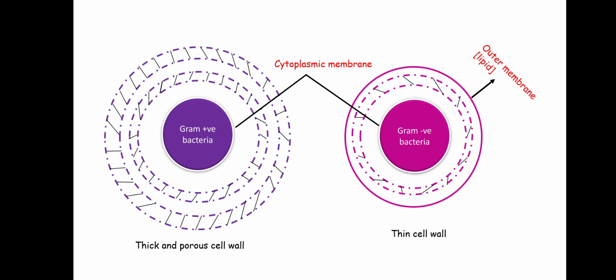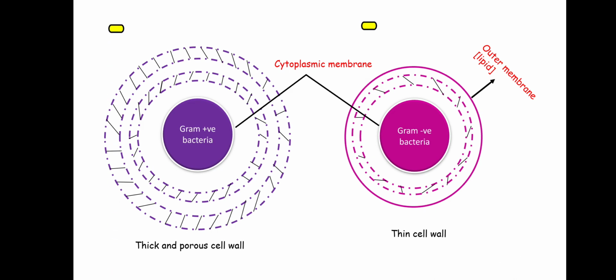Now this makes the difference. Gram positive bacteria have a thicker but porous cell wall, and gram negative bacteria have a thinner cell wall but an additional lipid covering. As you might know, if any substance wants to cross this lipid layer, it should be lipophilic in nature or have a very small size, right?